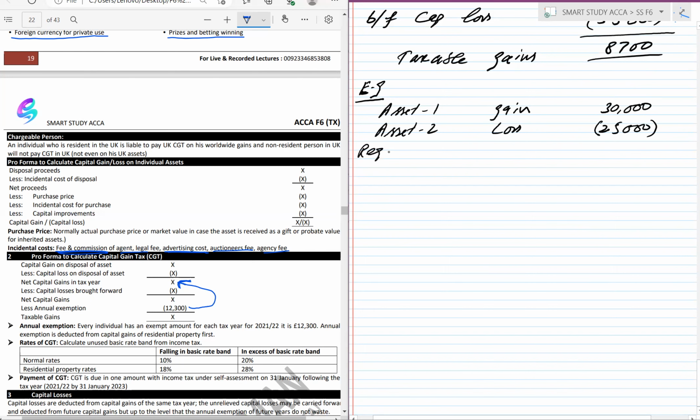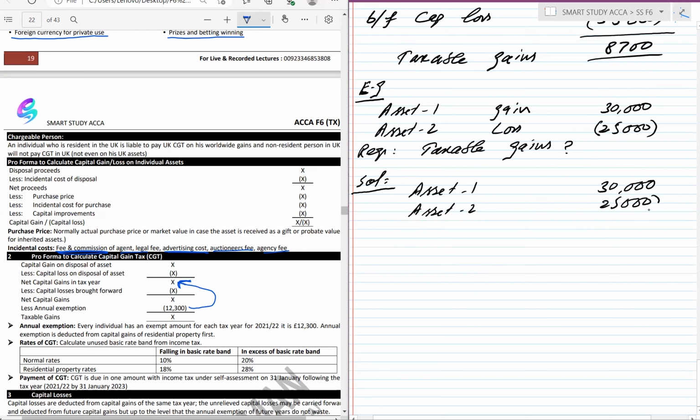Requirement is taxable gains. So simply on asset 1, we have gain of 30,000 pounds. On asset 2, we have loss of 25,000 pounds. So we have net gains of 5,000 pounds.